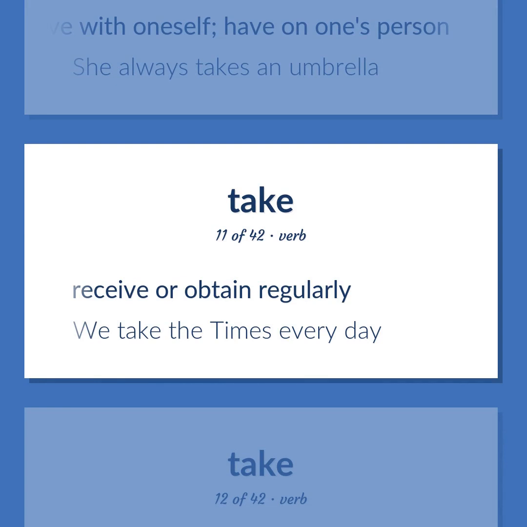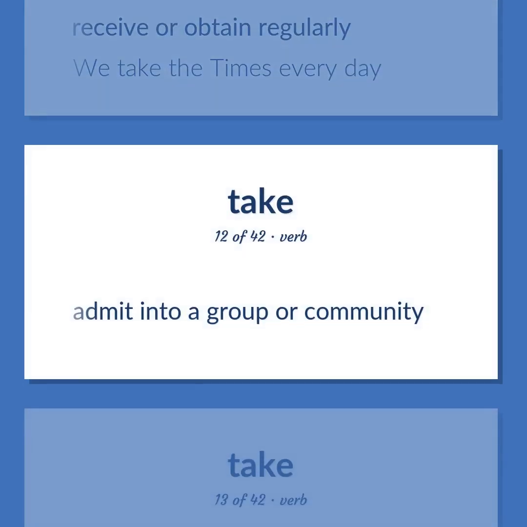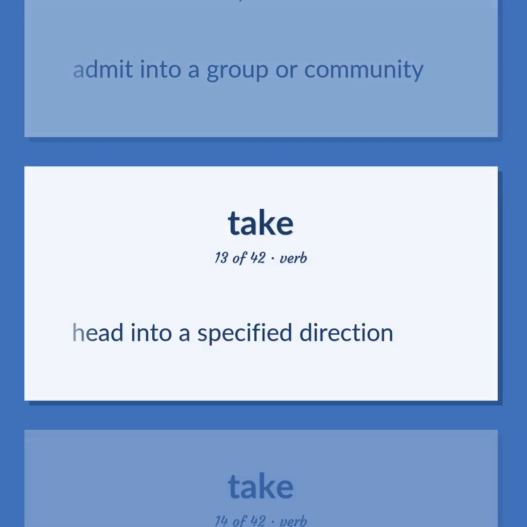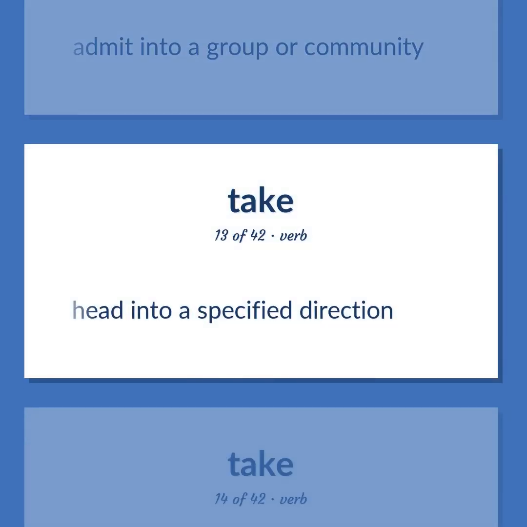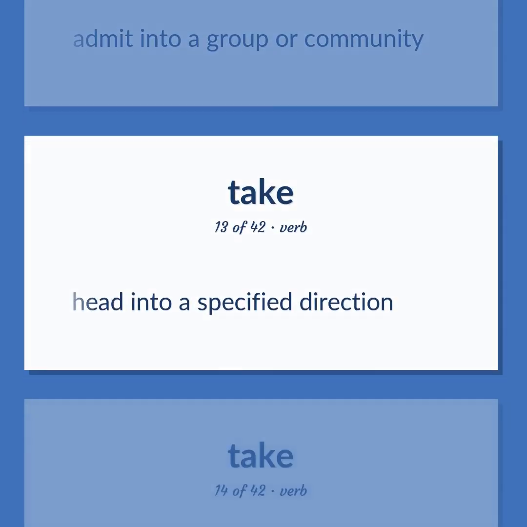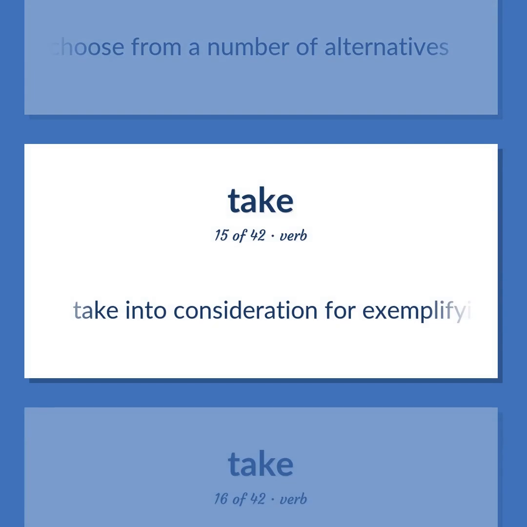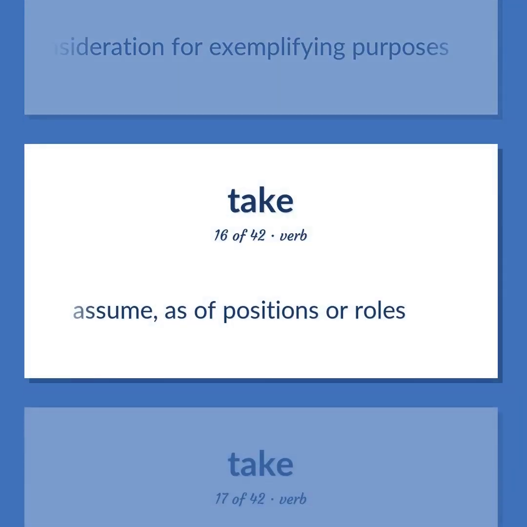We take the Times every day. Admit into a group or community. Head into a specified direction. Pick out, select, or choose from a number of alternatives. Take into consideration for exemplifying purposes. Assume, as of positions or roles.